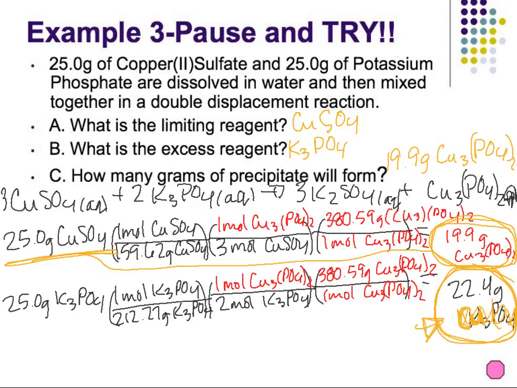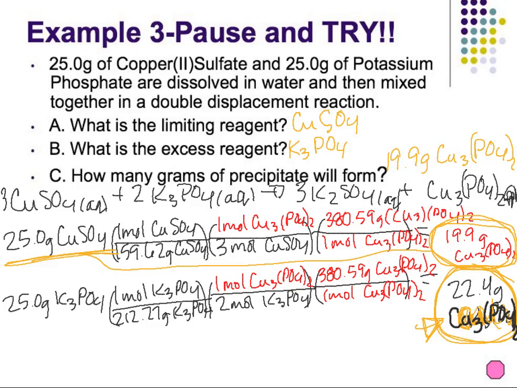So this should be Cu3(PO4)2. Sorry for that initial mistake. Hope that didn't confuse you too much. In the end, what you need to know is what these numbers mean. So let's go over that one last time, and then the notes will be over.